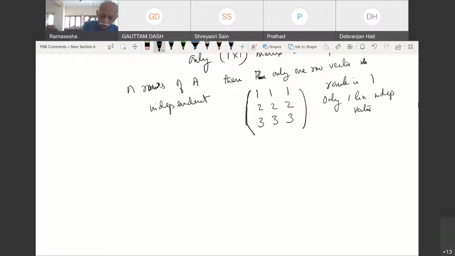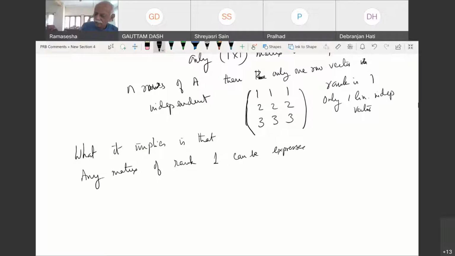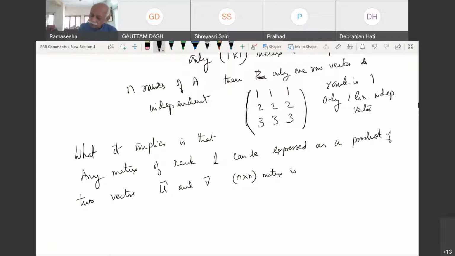So what it implies is that any matrix of rank 1 can be expressed as a product of 2 vectors, U and V. The n by n matrix you get is U V bar transpose, because U is a column vector, so U is n by 1 and V bar transpose is 1 by n.